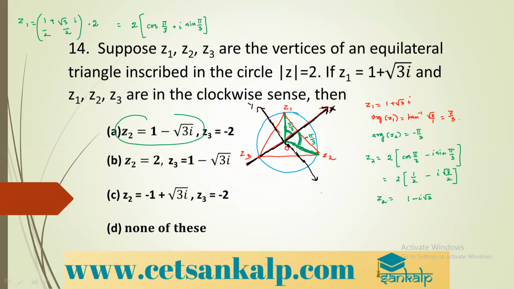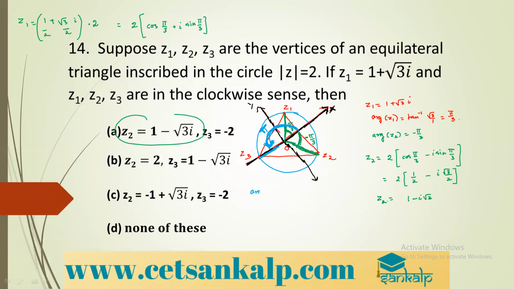Because you have argument of Z1 and argument of Z2, now if you take argument of Z3 in the diagram, what is argument of Z3? Clearly you can see it is pi. From here to here, see the diagram, it is pi.